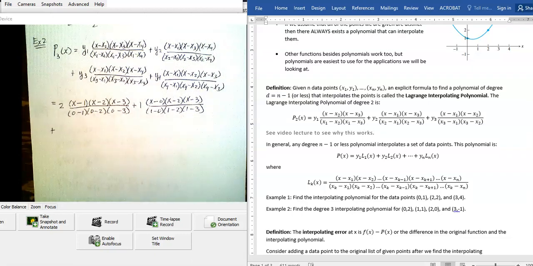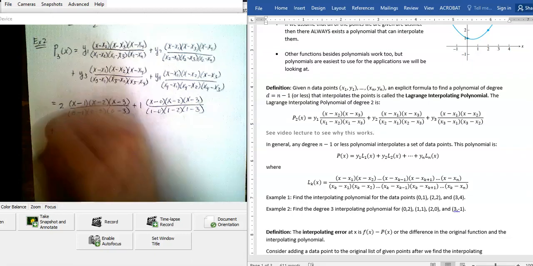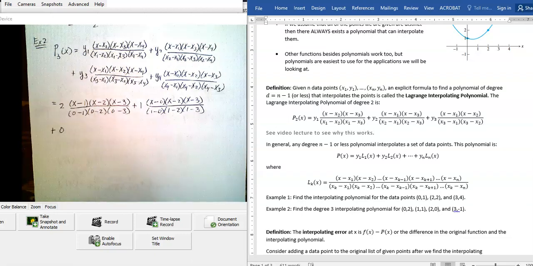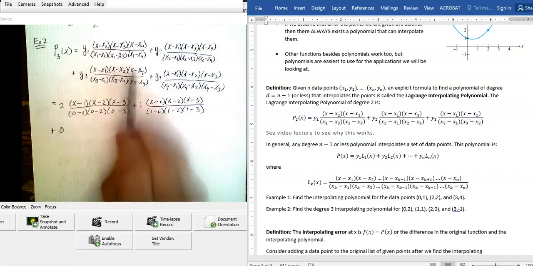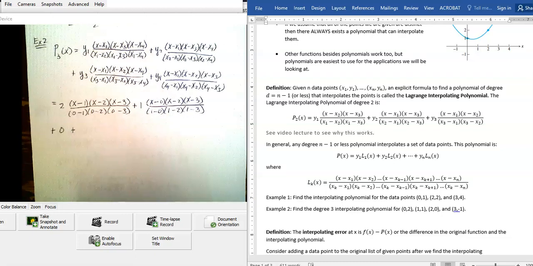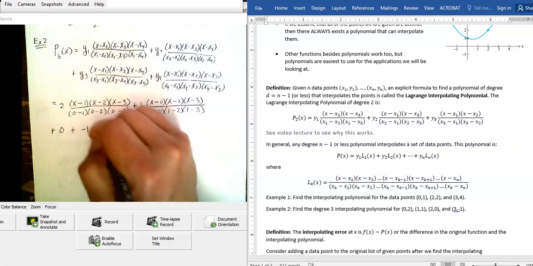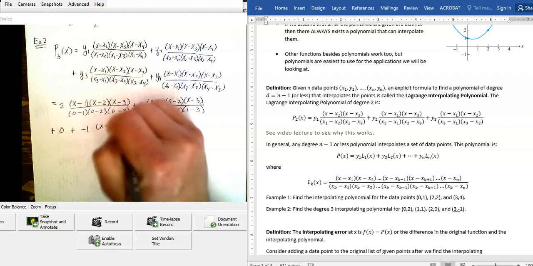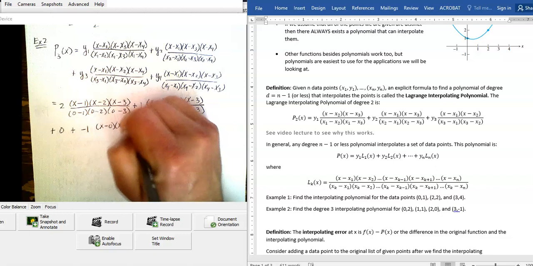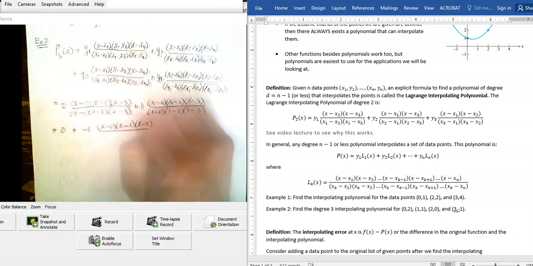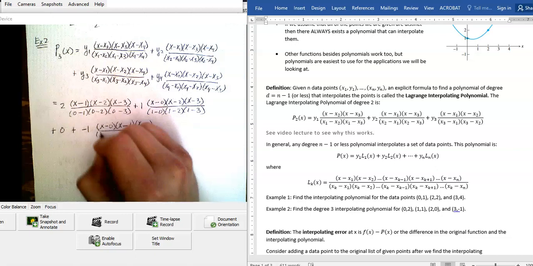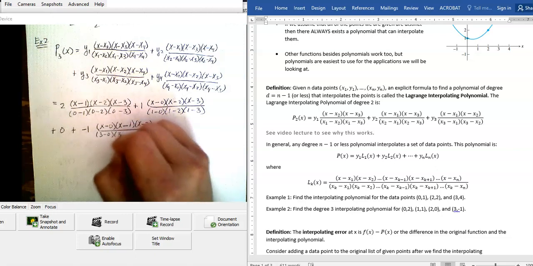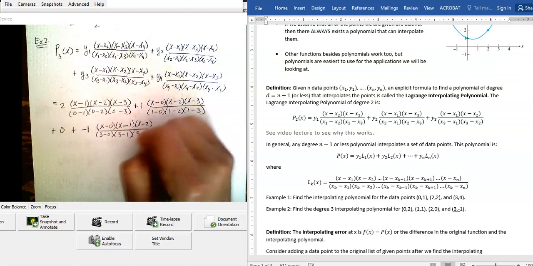Now our y3 term is 0, hooray, so that's going to knock out everything here. If that's 0 multiplied by whatever that is, that's going to be 0. So that's nice, we can move on. y4 is negative 1 times x minus 0, x minus 1, x minus 2, over 3 minus 0, 3 minus 1, 3 minus 2.